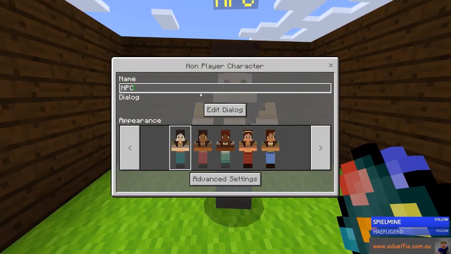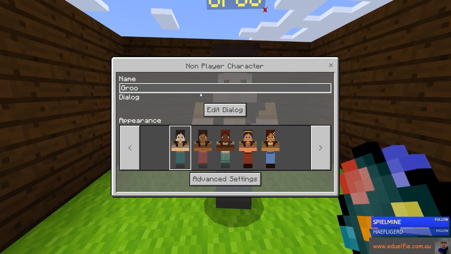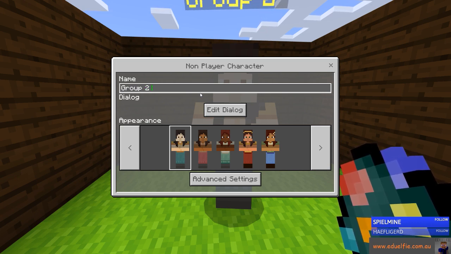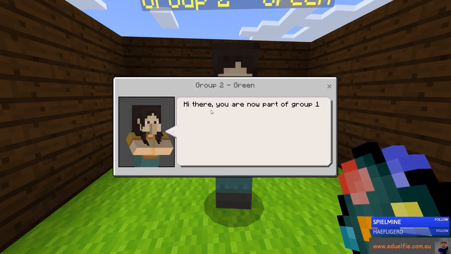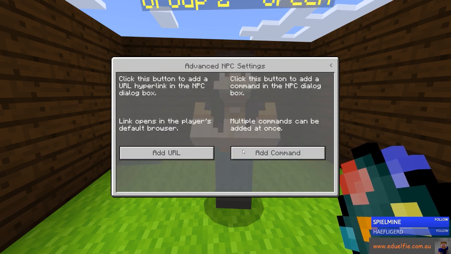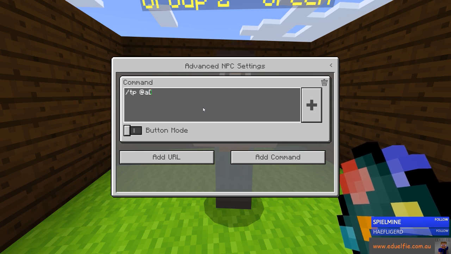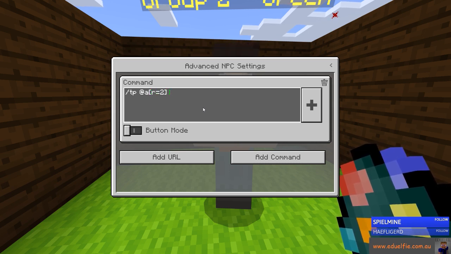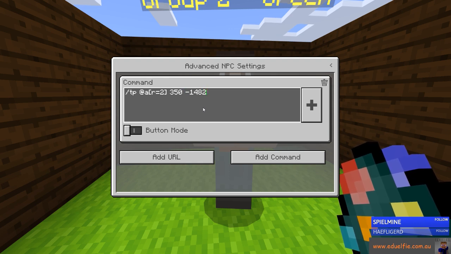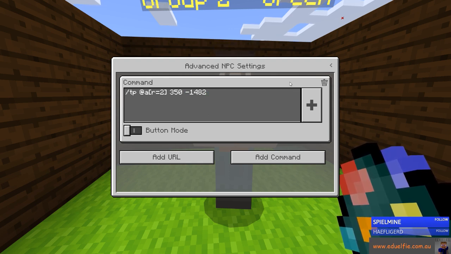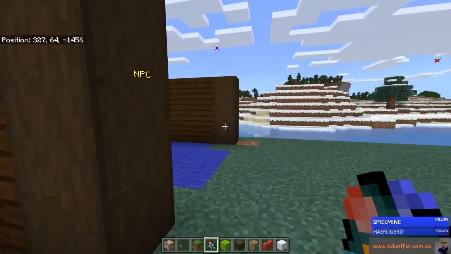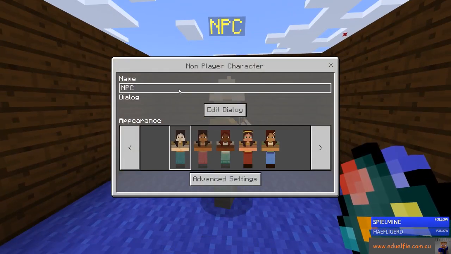Group 2 green. Teleport all players radius 2 to 350, negative 1482, I think. And I'll test all of these and put the little pad down again on them all.